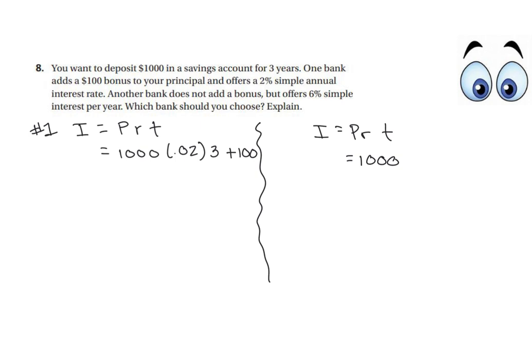So let's simplify this out. 1,000 times 0.02 is 20. 20 times 3 is 60, and 60 plus 100 is $160.